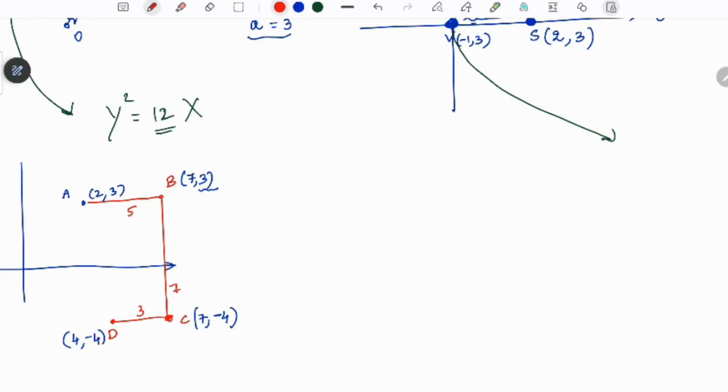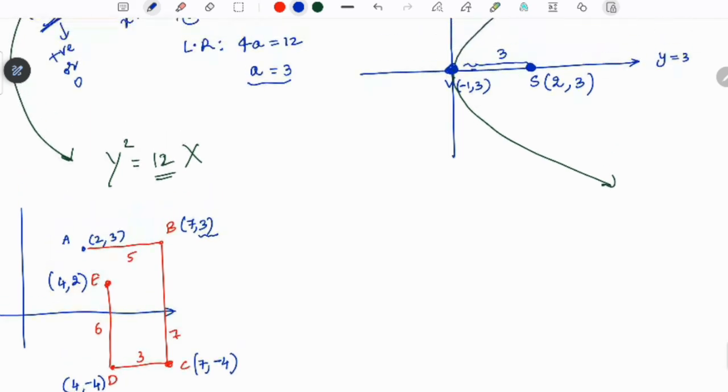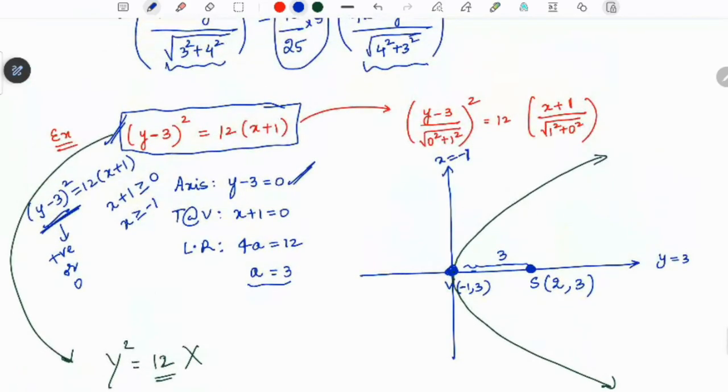Okay, lastly, this alone you can answer. What will be the coordinates of this point E? 4, 2. 4, 2. Very good. Okay. Now you can answer this easily. So what will be the coordinates of this end of the latus rectum?